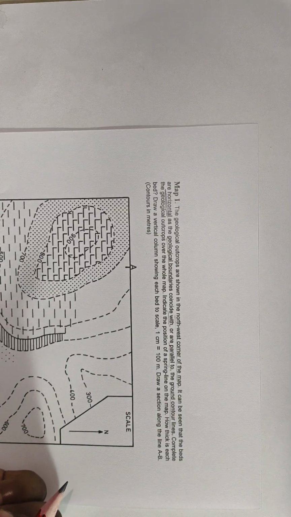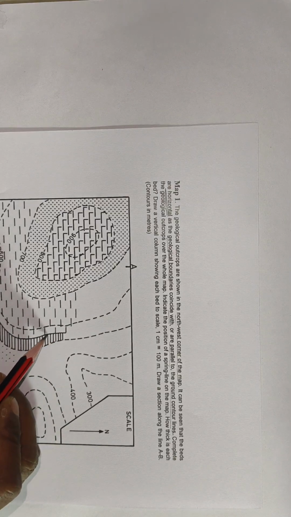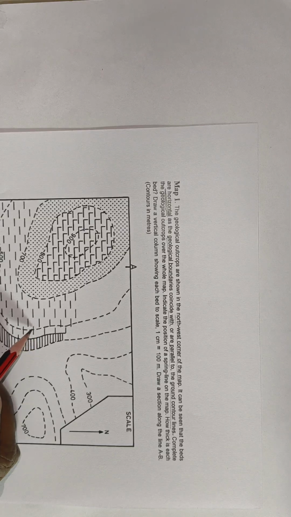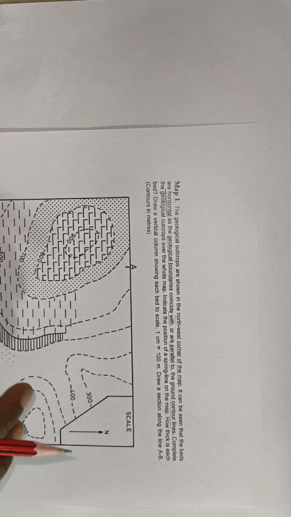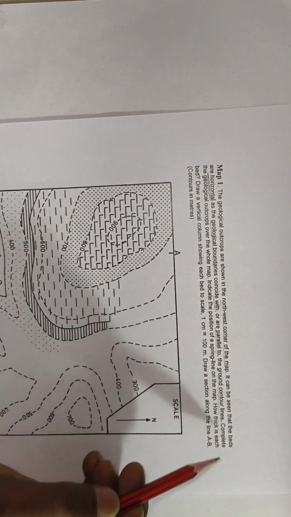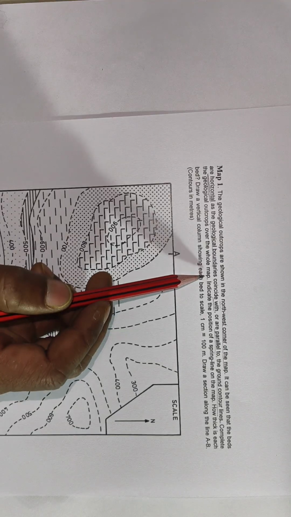So how do we identify in the map whether beds are horizontal or inclined? If the boundary of the bedding plane and the contours run parallel, it means the beds are horizontal. Next is to complete the geological outcrops over the whole map.